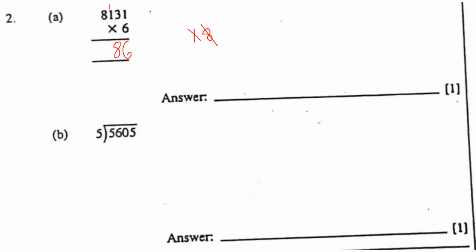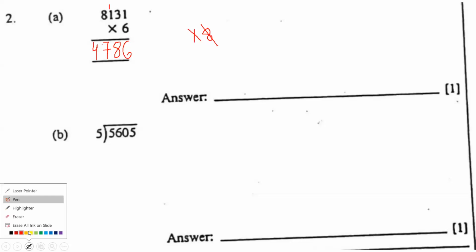Now, what is 6 times 1? 6 times 1 is 6, and then you add the 1, so that's going to be 7. So it's going to be 7 right there. And what is 6 times 8? 6 times 8 is definitely 48. Let me write that properly. So we have 48.